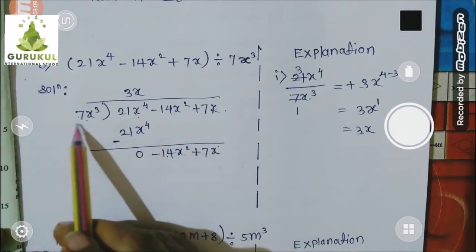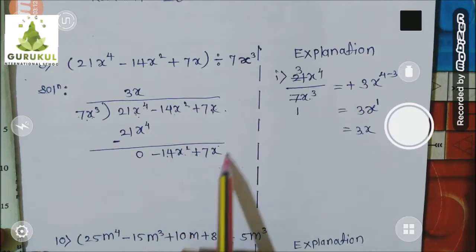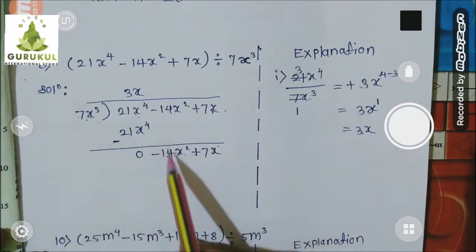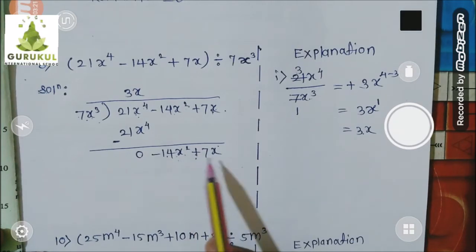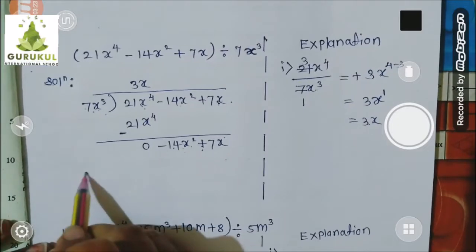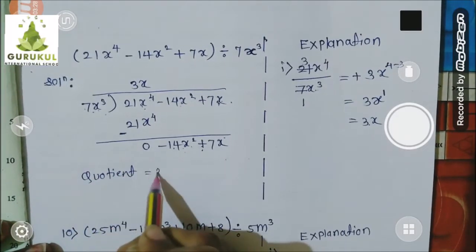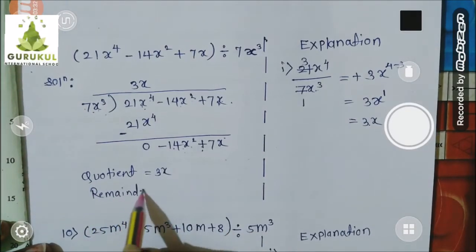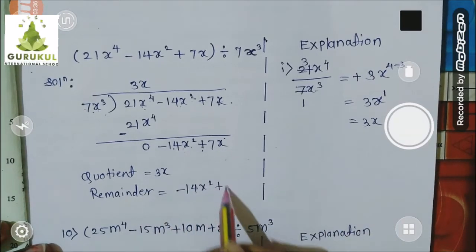And what is the degree of this divisor? 3. Okay. So whenever the degree of the remainder is less than the degree of the divisor, we have to stop the division. Understood? So we will not continue further. This is our quotient, 3x, and the remainder is the full binomial, minus 14x square plus 7x.